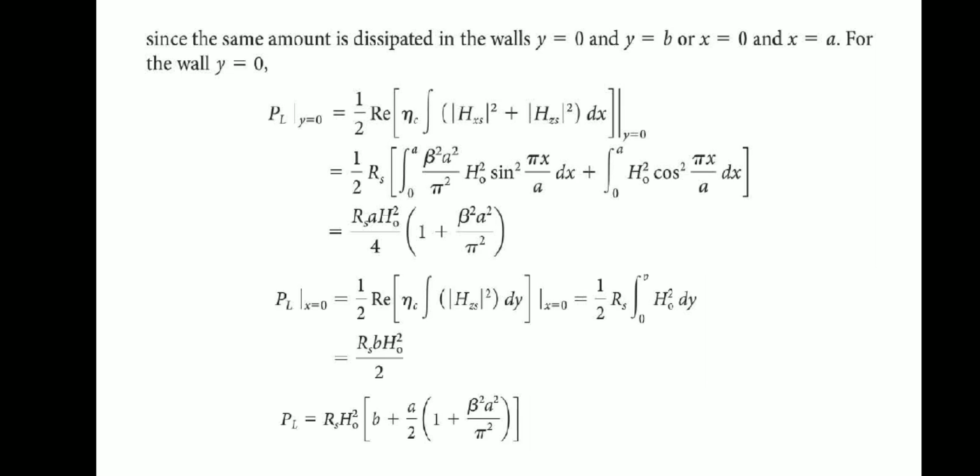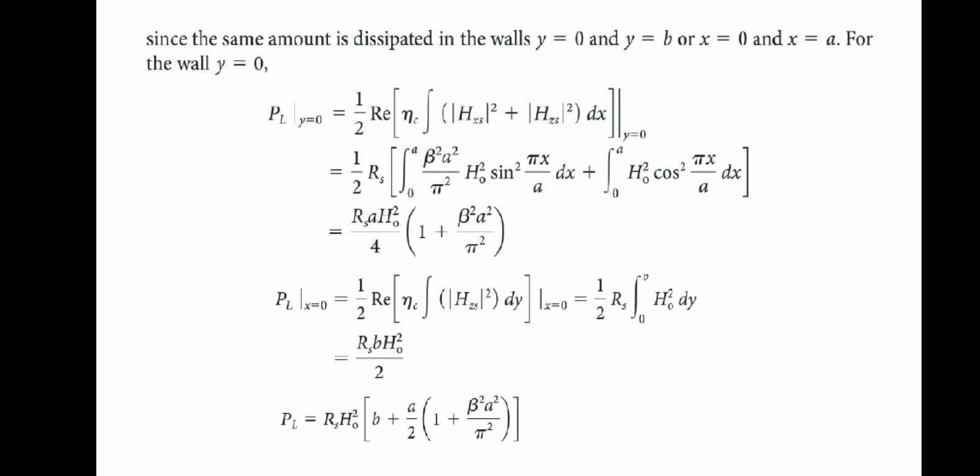Similarly, we can find PL at x equal to 0. That is half real of eta c into the integral of hz square dy. At x equal to 0, you will get it as Rs b h0 square by 2. So the total power loss is 2 times the addition of these two, PL at y equal to 0 plus PL at x equal to 0.